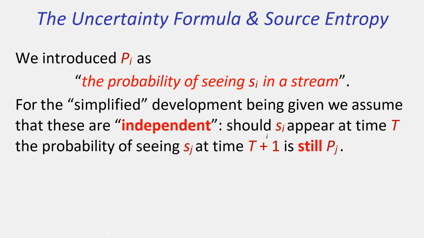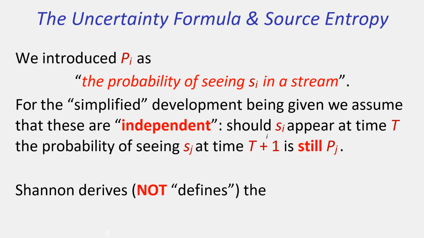There's one assumption that is made, which is that these probabilities in a particular environment are independent. If we see the symbol S sub I at time t, then the probability of seeing another symbol S sub j in the next time step doesn't change. It's still P sub j.